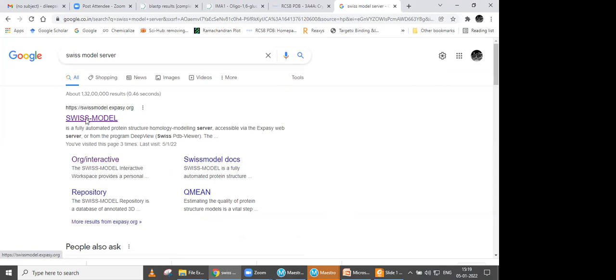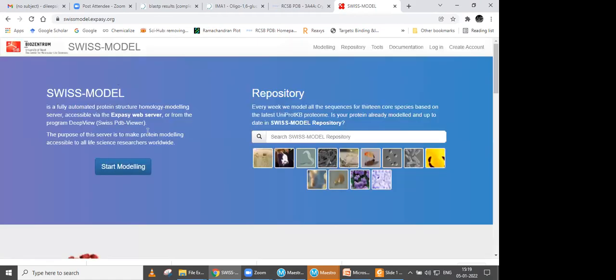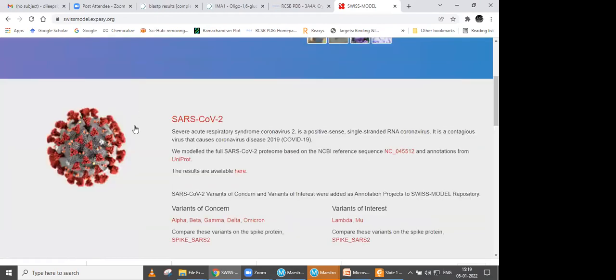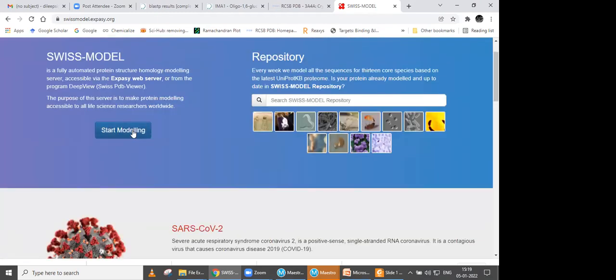Just go to that. Then you can see a number of options, and click Start Modeling.